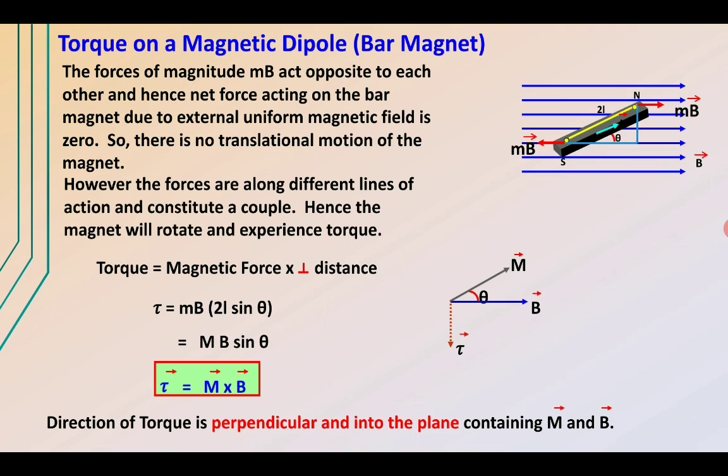Now there are special cases, and we know that the SI unit of magnetic moment is ampere meter square.